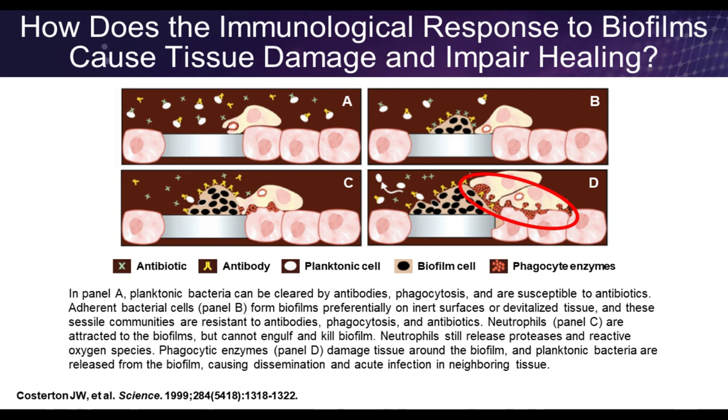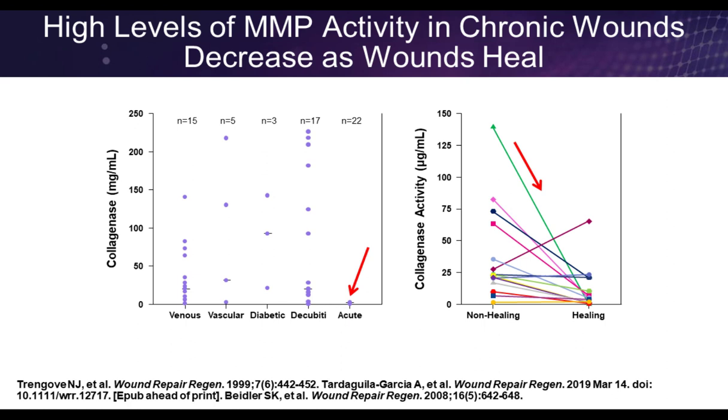To give you just a quick example of how dysregulated and imbalanced the protease levels are in acute versus chronic wounds, you can see in the left panel where we've plotted the concentration or the activity of one of the major matrix metalloproteases, the collagenase. And you can see that in acute wounds, there's very low levels of these proteases after the first couple of days.